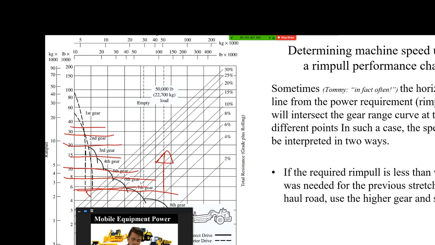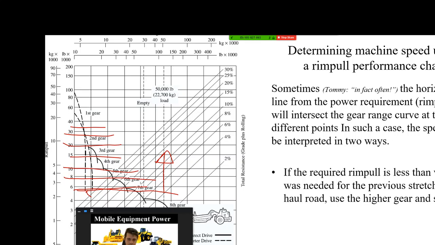If the required rimpull here is less than what was needed in the previous section, for example where the grade was steeper and now it is like this, then you will probably need a lower rimpull. Then use the higher gear and speed.